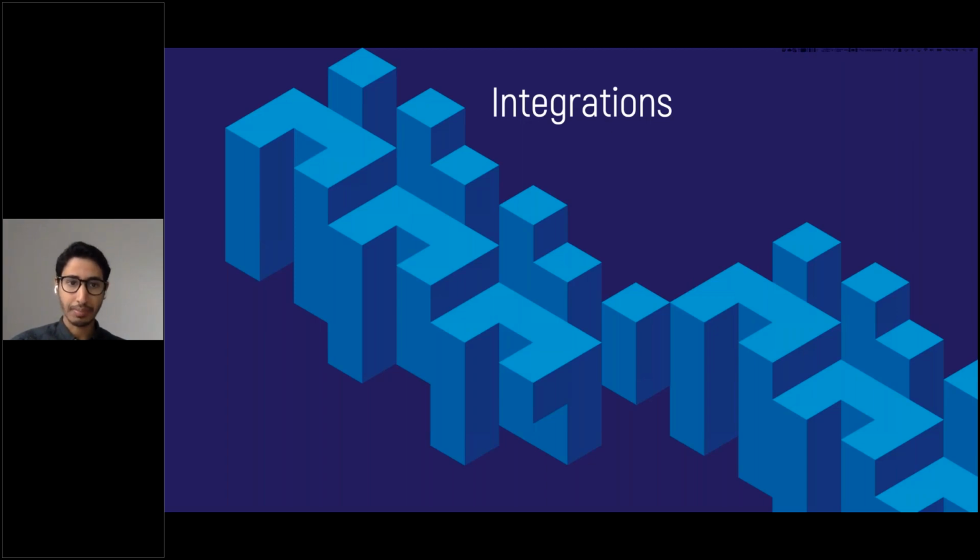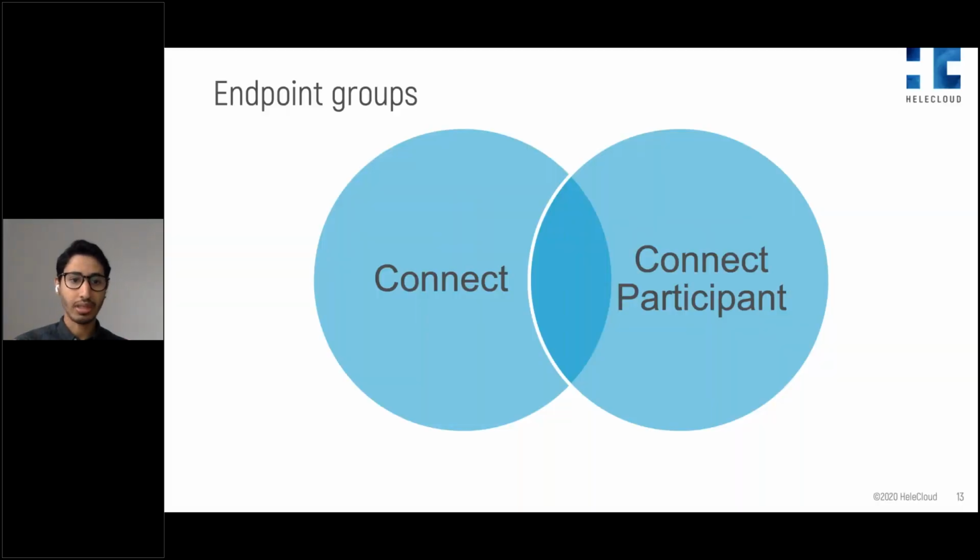So beginning with the endpoint groups, the next slide, there are two main groups of endpoints that AWS provides for Amazon Connect. There's the Connect part and the Connect participant.